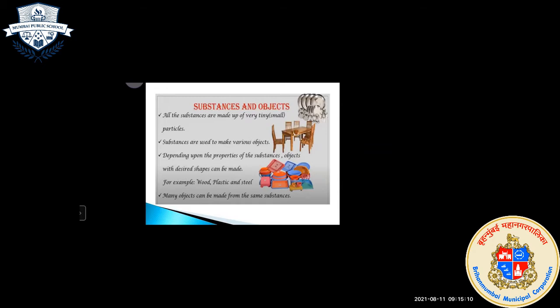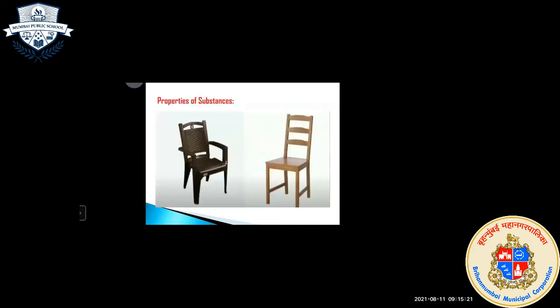So depending upon the properties of the substance, objects are made. Now see, this is the property of substance. Now plastic and wooden chair. We can use plastic as a substance to make the object chair, and also we can use wood as a substance to make the object chair.